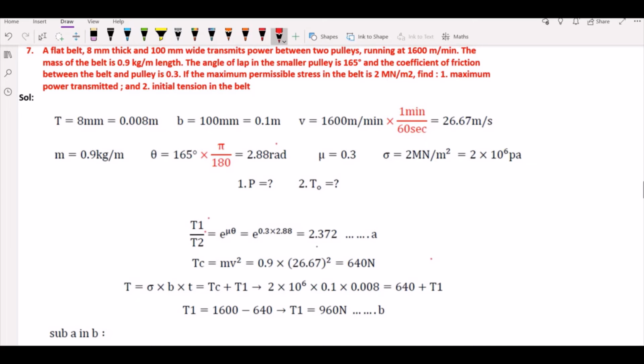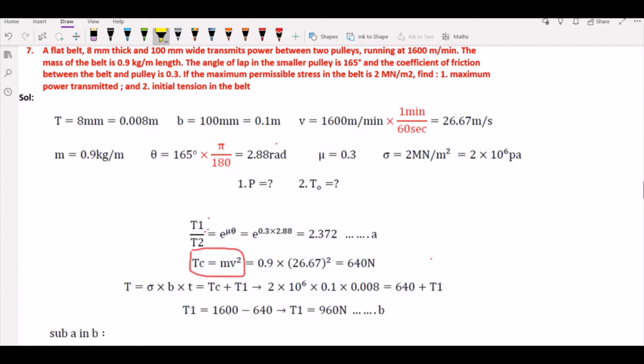Take this as equation number 1. And we need to consider the centrifugal tension over here. Tc is equal to m v square, from the centrifugal tension relation. Mass is given, so we consider this is the mass and this is the velocity. From this we can calculate the Tc.